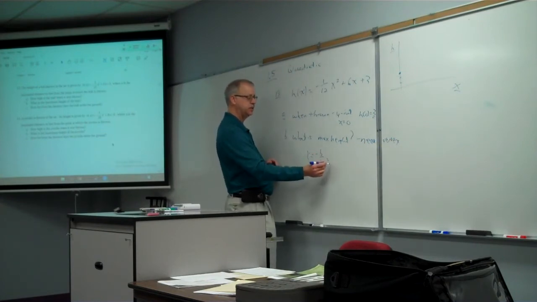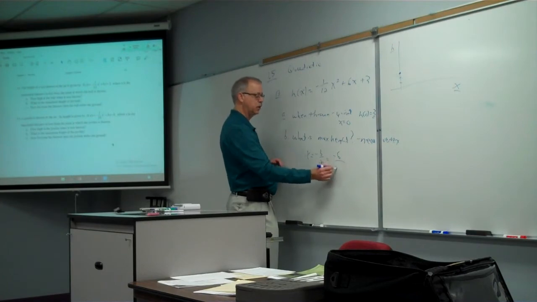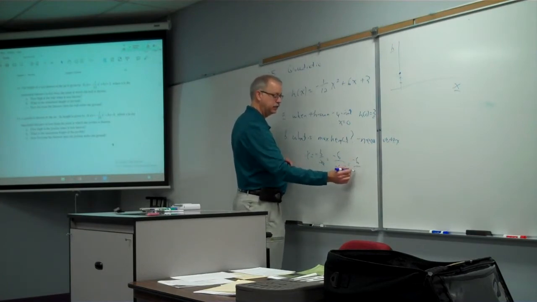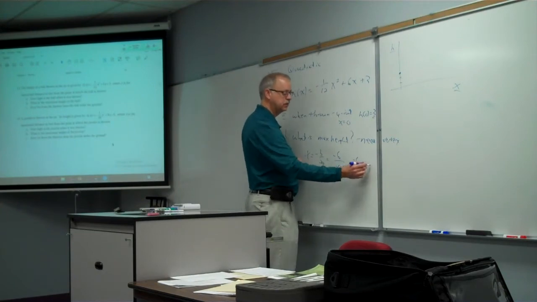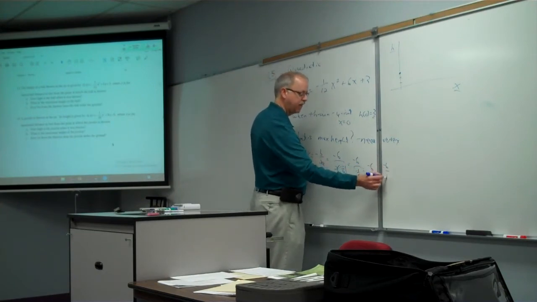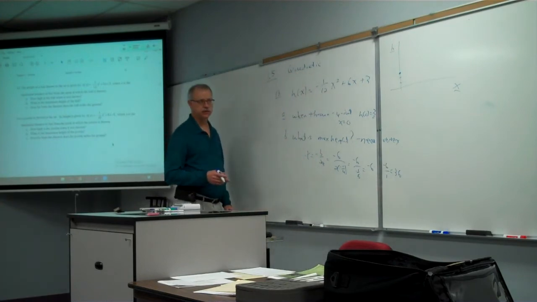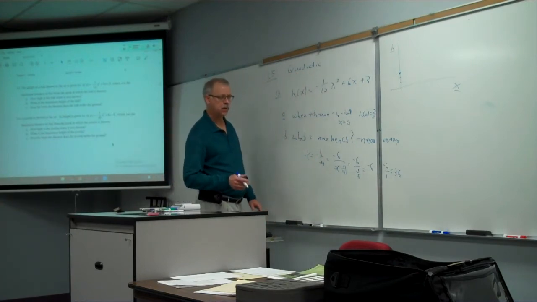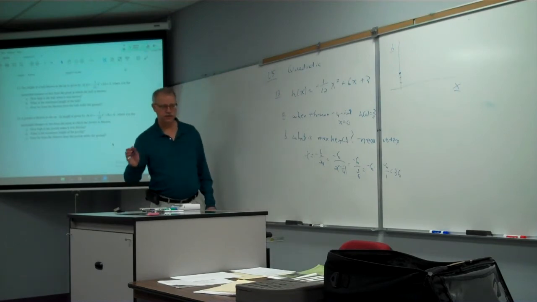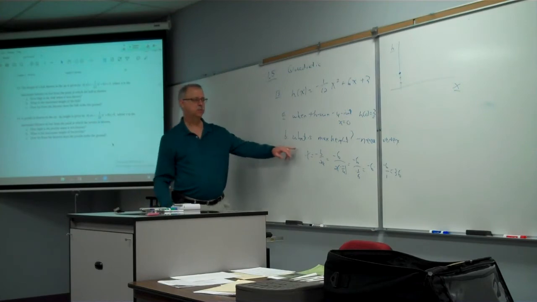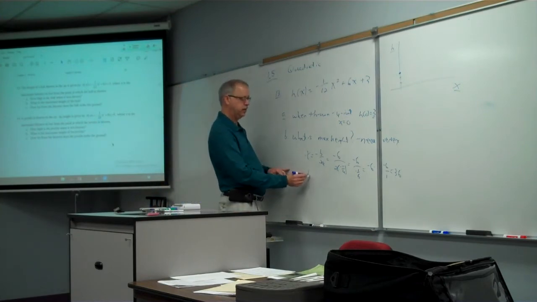So in this case, negative 6 over 2 times negative 1/12. Negative 6 over negative 1/6 is actually x equals 36. But that's not the height. That's the horizontal position when we achieve the maximum height. The maximum height is actually the height we get at 36.